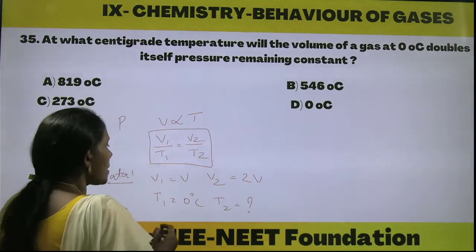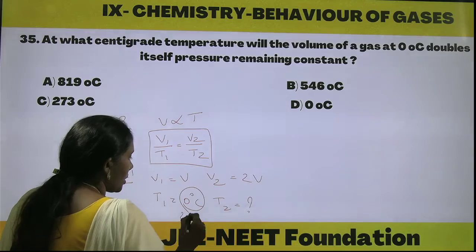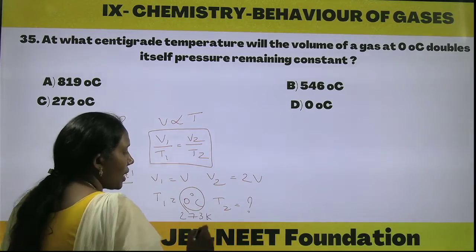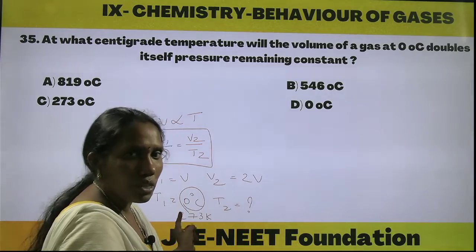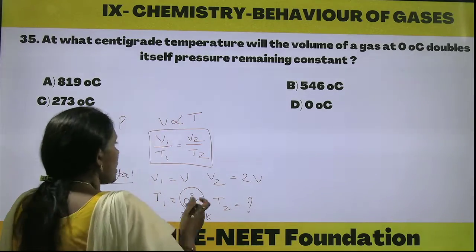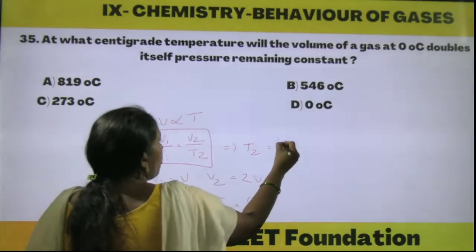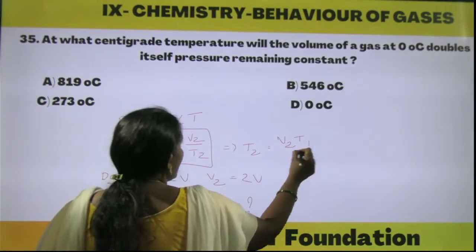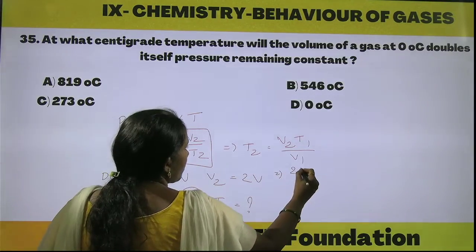Okay, let's substitute. Because I am converting into Kelvin, for this 0 degrees Celsius I am adding 273 to get 273 Kelvin. So T2 equal to V2 T1 by V1. What is V2 here? 2V.